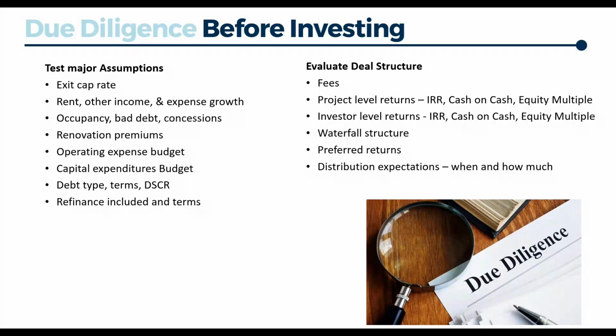You can see how a little change there makes a big difference on the expected sale price of the property. That will be the biggest thing that will move the returns. So you just need to make sure that what they're saying the exit cap rate is, is realistic based on that market and that class of property. Those are the two things that really drive it most: the class of property and the market you're in.